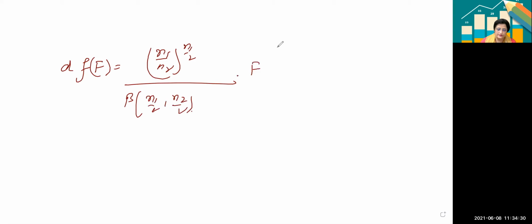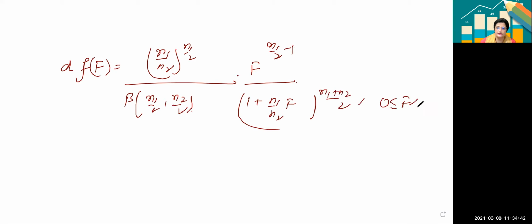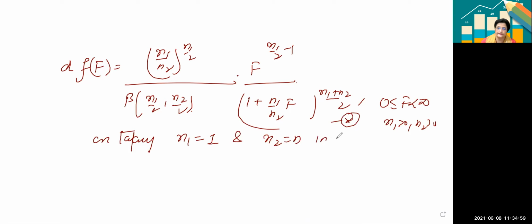Into F raised to power n1 by 2 minus 1, upon 1 plus n1 by n2 F raised to power n1 plus n2 by 2, with the condition that F is less than infinity and n1 is greater than 0, n2 is greater than 0, right? Now I told you the requirement on taking n1 is equal to 1 and n2 is equal to n.